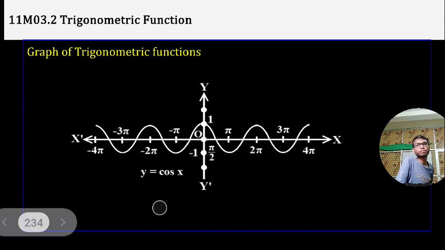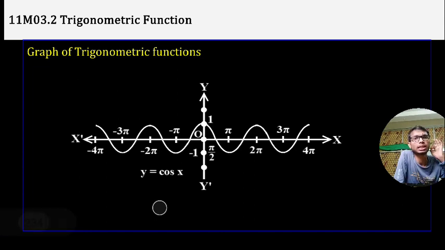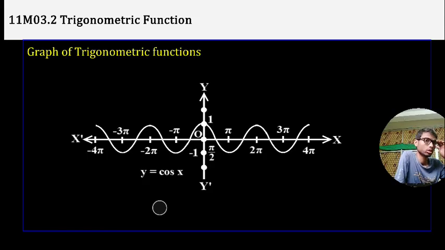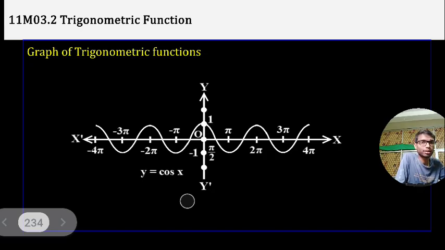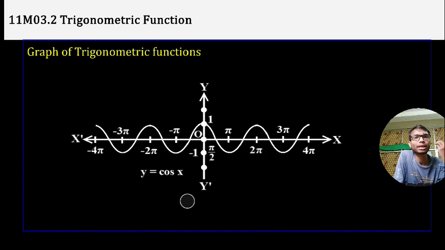Here, y is equal to cos x. Carefully try to understand, this is very necessary for this lecture. It is telling you that if we enter input x, we automatically get output y.